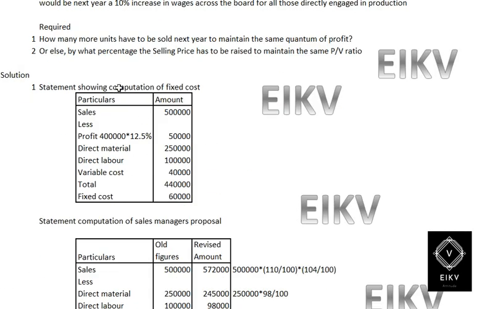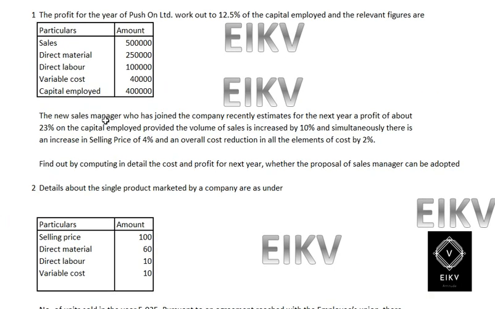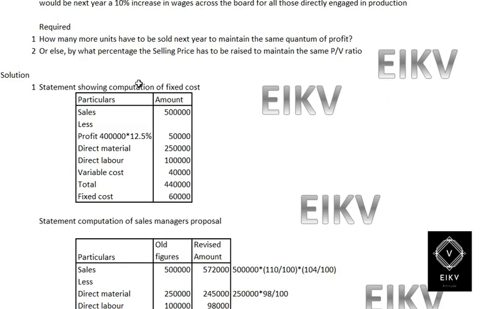Going towards the solution, first we need to compute the fixed cost. Statement showing computation of fixed cost. First of all, we have sales less profit. Capital employed is 4 lakh and 12.5% is the expected return, therefore the profit would be 50,000.